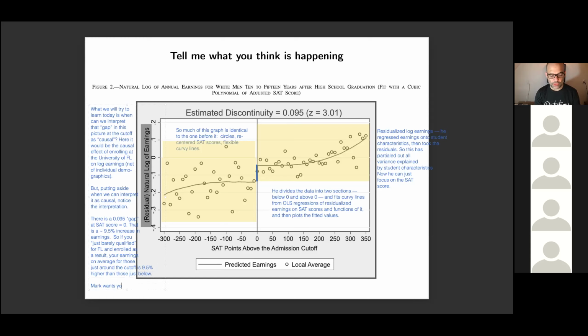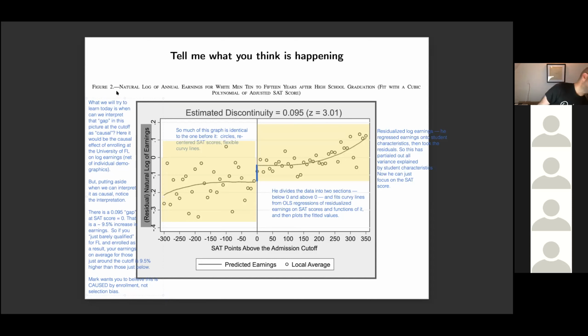Mark wants you to believe this is caused by enrollment, not selection bias. All right, that's what he wants you to think. Caused by enrollment, not by selection bias.